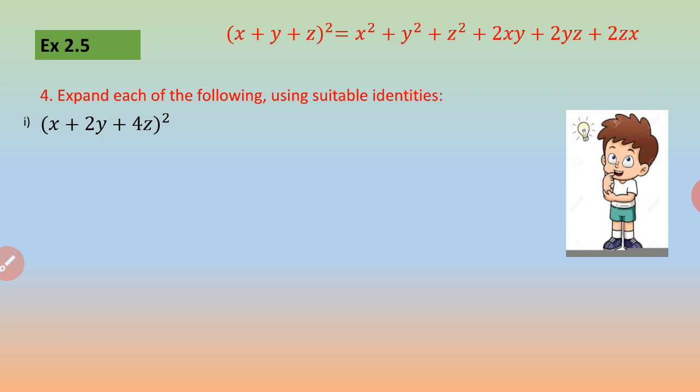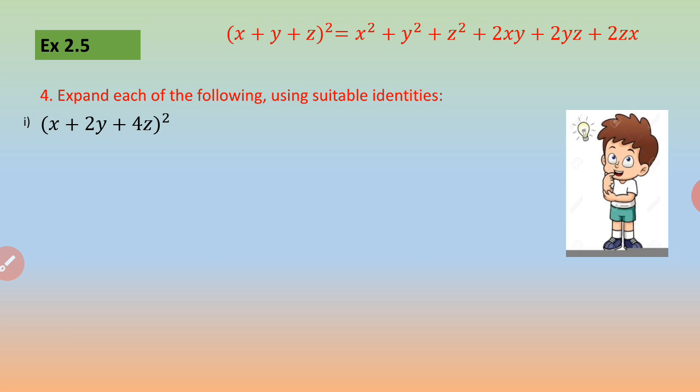Now, x plus y plus z whole square is x square plus y square plus z square. That means all the three terms are initially squared and added. Finally, the other three terms are multiples of 2 and xy, yz and zx taken together. This is how you have the expansion.